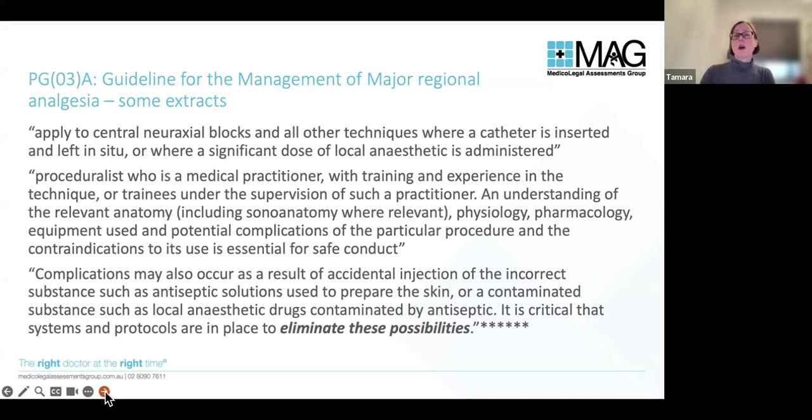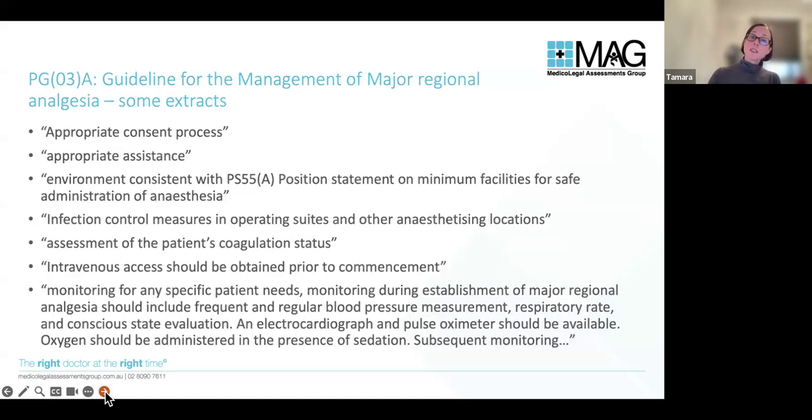So if you actually look at the guideline on major regional analgesia, it talks about what it applies to. So major blocks, it talks about the nature of the proceduralist who should be doing it and their level of knowledge. It talks about their awareness of and preparation for dealing with complications.